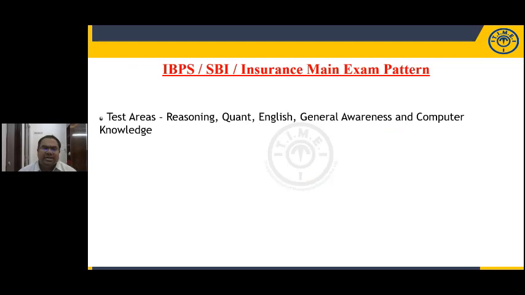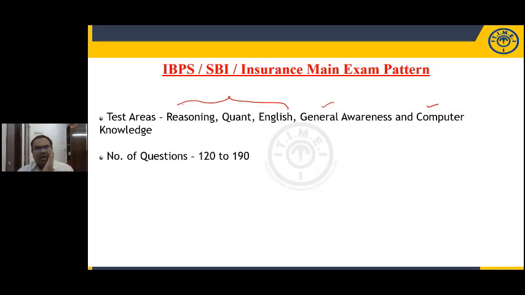If you look at the main exam pattern, reasoning, quant and English are a part of your prelim exam as well as main exam. Additionally, you have to prepare for general awareness and computer knowledge. Number of questions, minimum 120 to maximum 190. Duration is 2 hours, generally for regional rural banks.